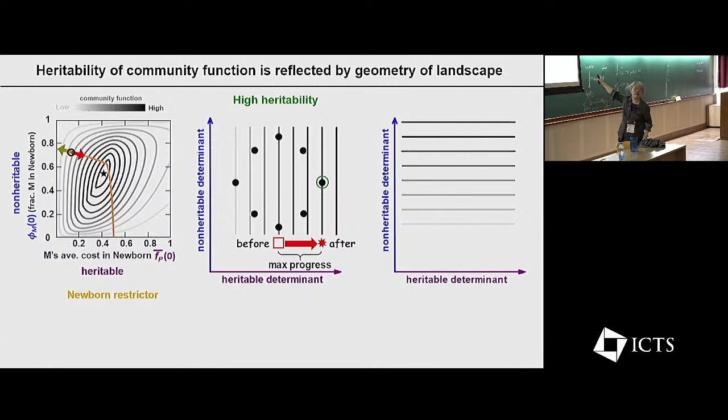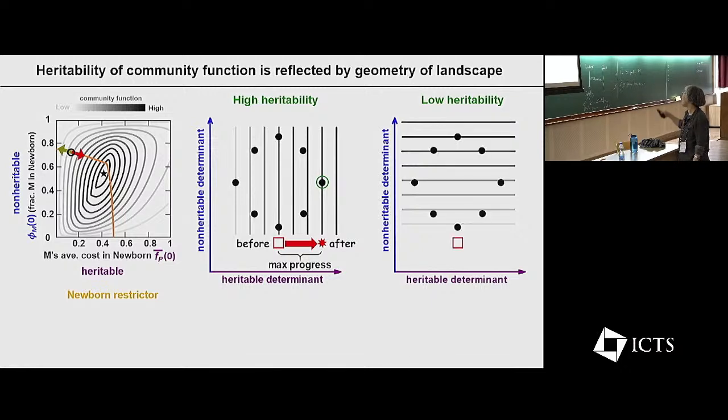In this case, the variation in community function is due to what? Due to variations in the non-heritable determinant. And so this one is very good, right? So it's a low heritability.